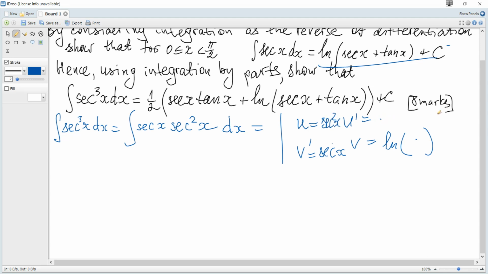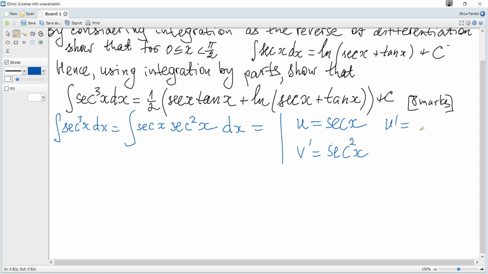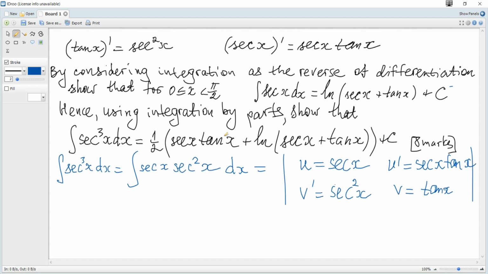Definitely we can find the derivative, but again it becomes very complicated and it will be difficult to find the integral. But we can consider u to be equal to secant x and v prime to be equal to secant squared x. Hence u prime is secant tangent, the formula is given in the data booklet, and v is tangent, the formula again is in the data booklet.